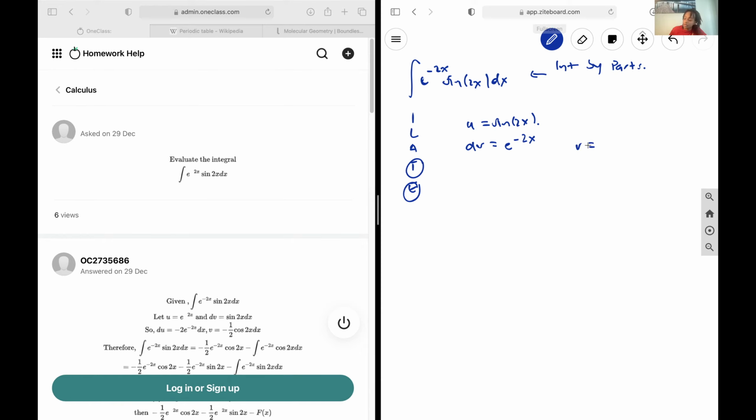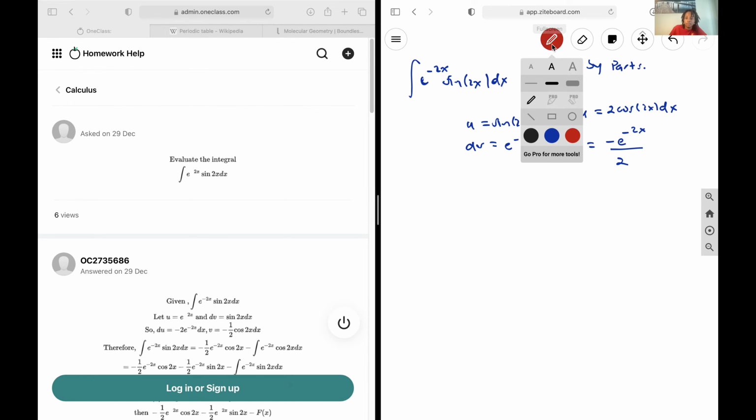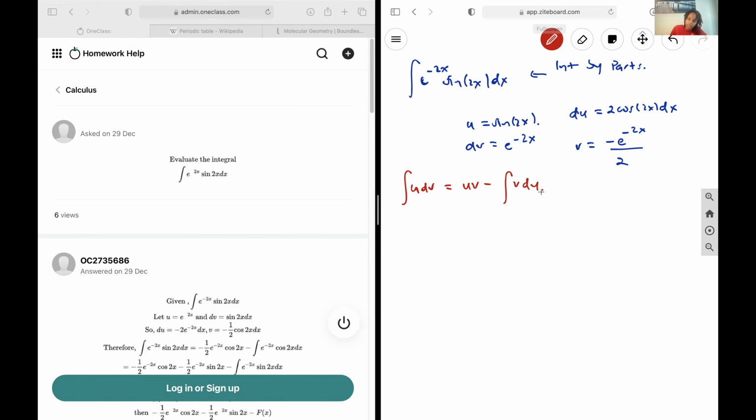This means that v is going to be equal to -e to the power of -2x over 2. And this means that the derivative of u, so du, is going to be equal to 2 cos 2x dx. And so now we're just going to use the formula we know for integration by parts. So the integral of u dv is equal to uv minus the integral of v du.